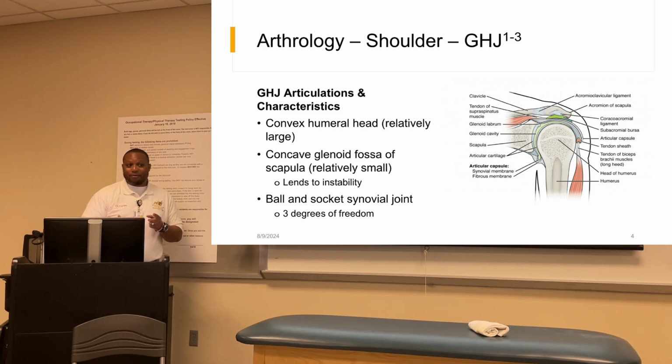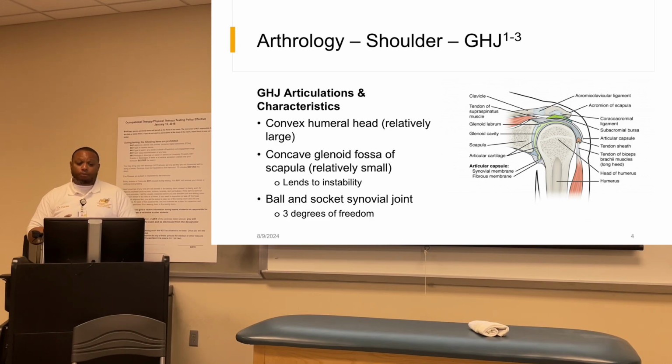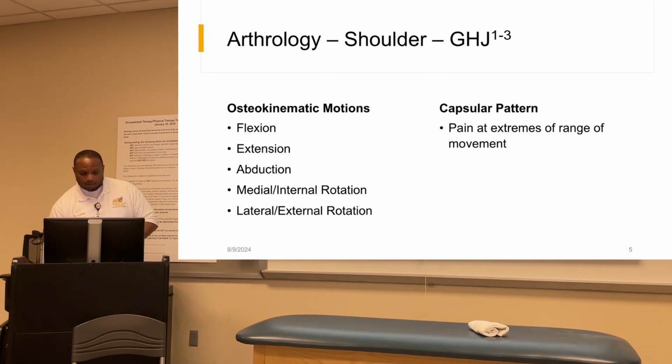Just know that with closed chain, the orthokinematics change, okay? But we're going to approach it from the open chain to start with. The GH joint, glenohumeral joint, is considered a ball and socket synovial joint with 3 degrees of freedom, okay? So make sure that you know this foundational content.